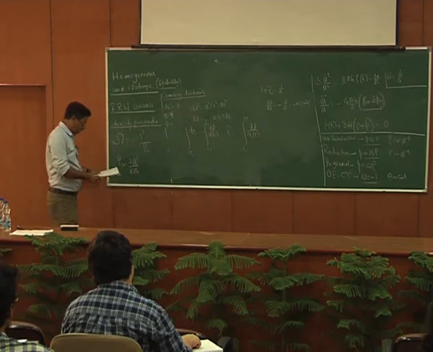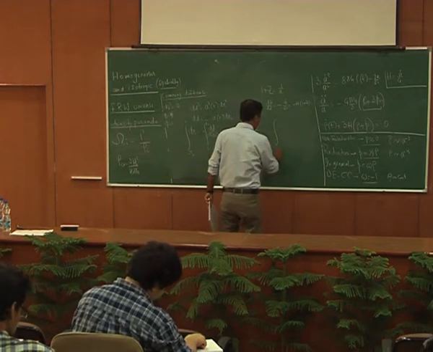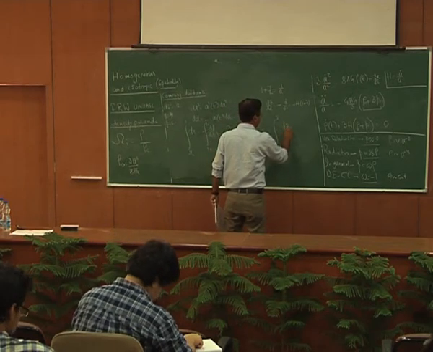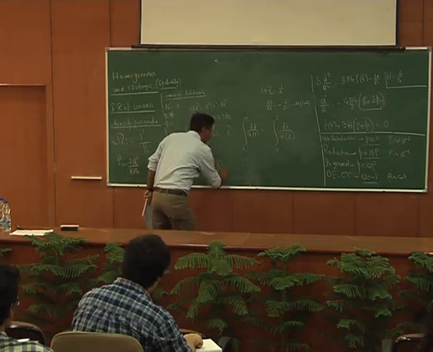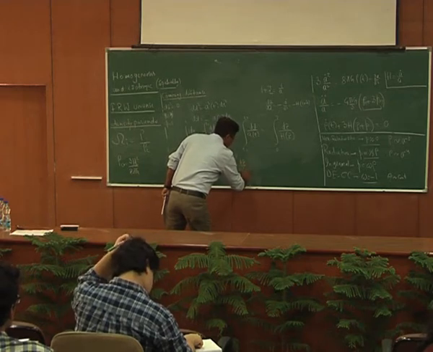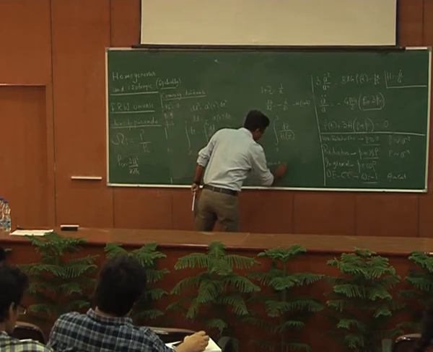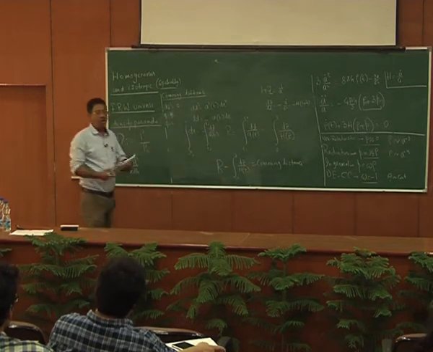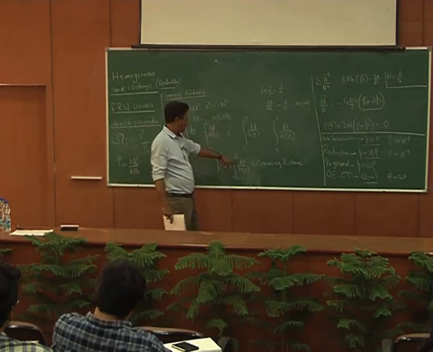Then this is the integral from 0 to z, where z is the redshift when it is emitted, of dz by H(z). This is the comoving distance from us to an object when the light was emitted and the object is at a redshift z.